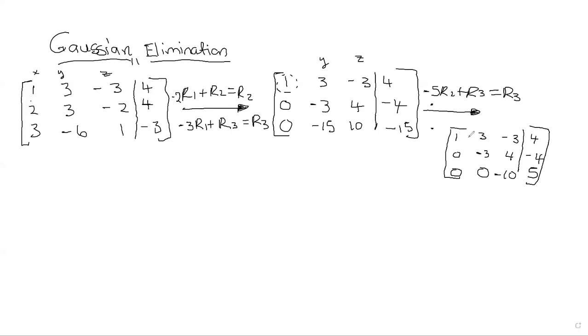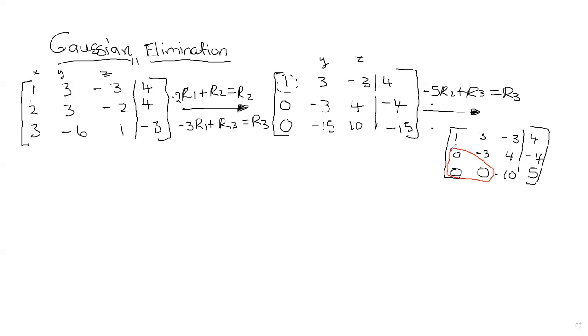The aim of this thing is to try and get something like this, where you have zeros. Something like this. It's always the aim to get something like this. That's the aim of Gaussian elimination.